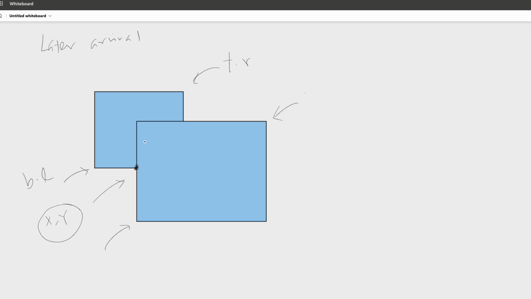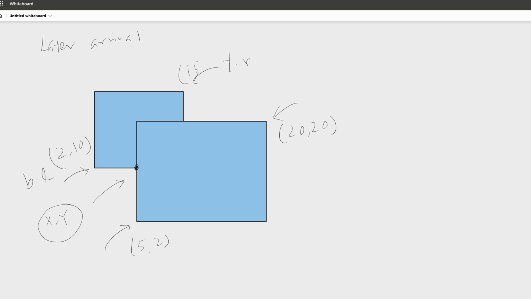If we denote, let's say, this is 2 and 10, bottom left point. This is 5 and 2, bottom left, and this is 20 and 20.